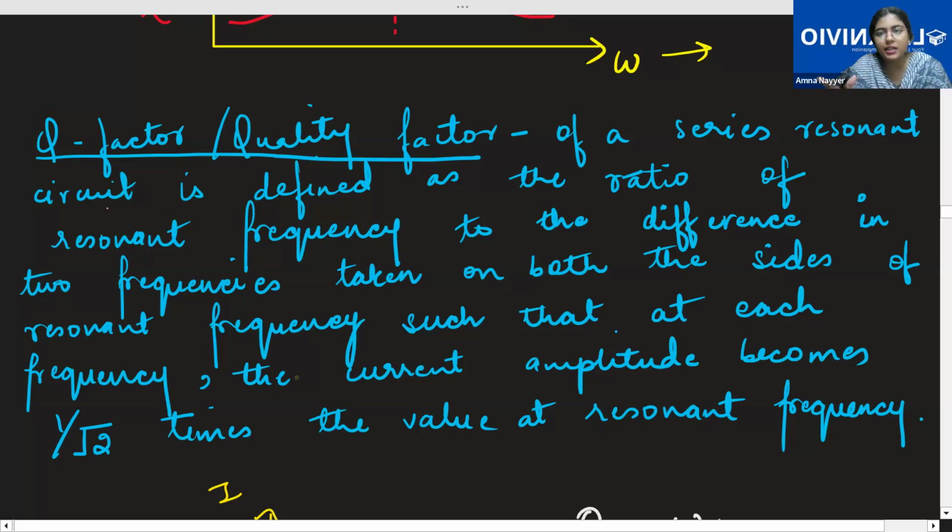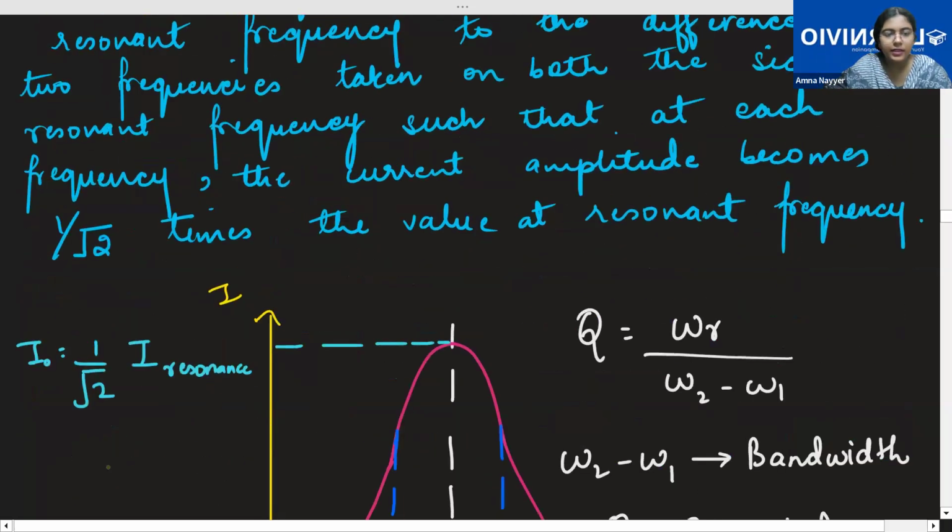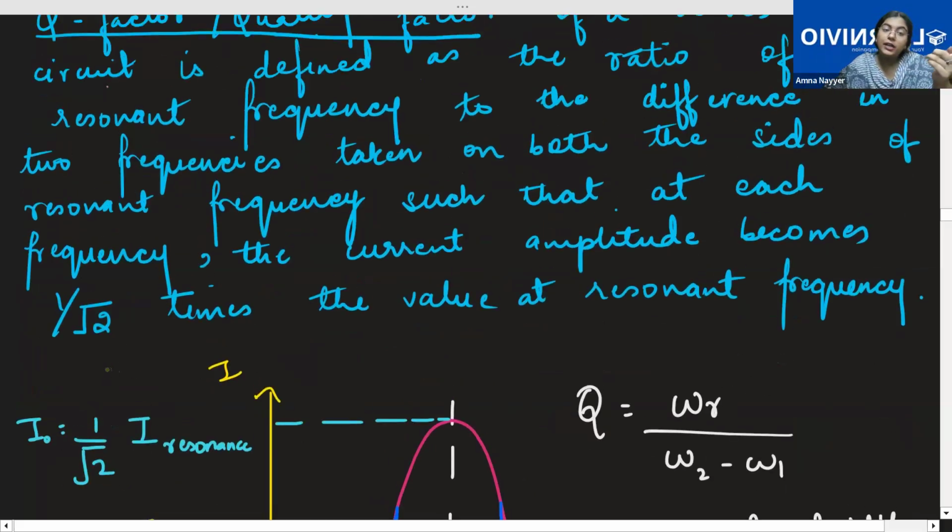Impedance becomes root 2 times the resistance. At resonance, Z is equal to R. So Z will be equal to root 2 R, because in the denominator you get Z, so the current will become 1 by root 2 times.